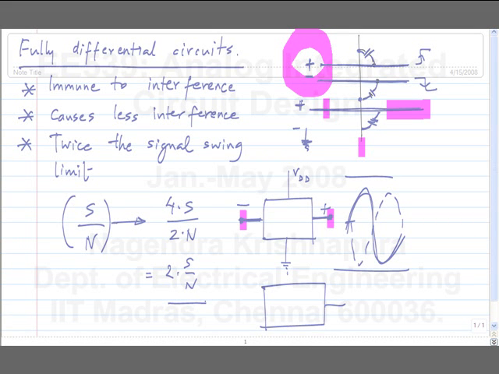I mean, this is not for free. You will end up consuming twice the power also, but you will be able to get twice the signal to noise ratio. And also you are much more immune to interferences and other common disturbances. So one class of interferences is the fluctuation in the power supply.